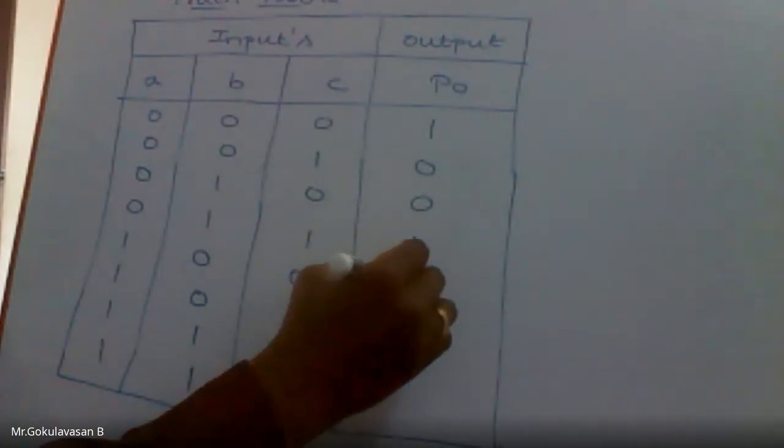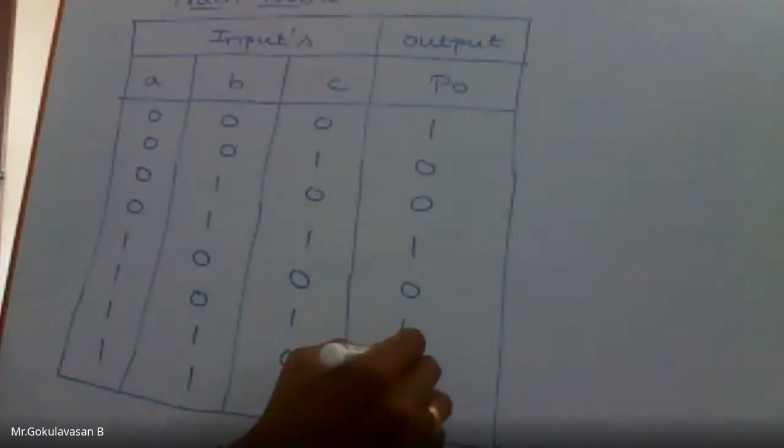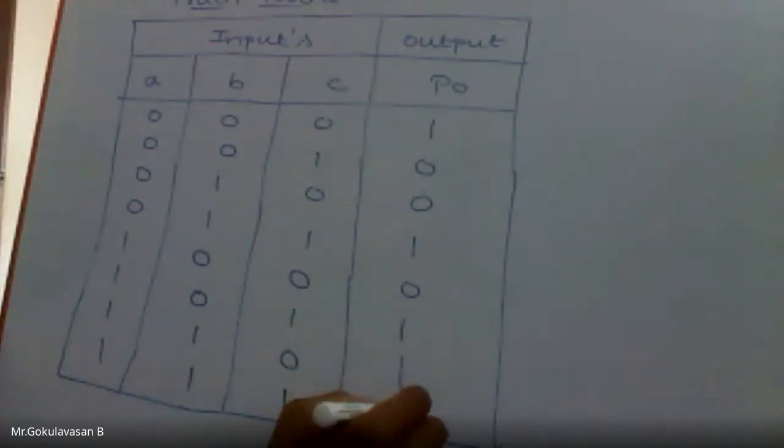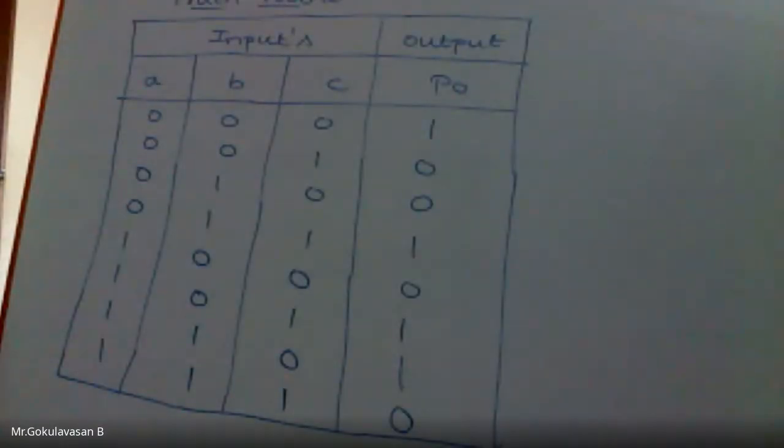Second, 0, 1, 1. Then 0, 0, 1, 1. Then 1, 1, 0, 0. Very good, Priyadarshi.